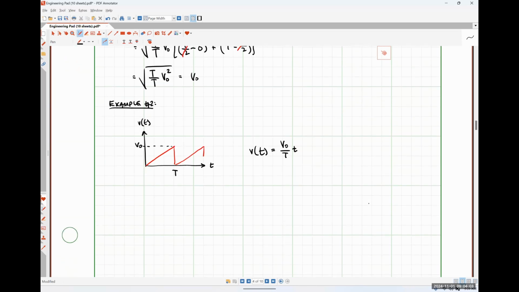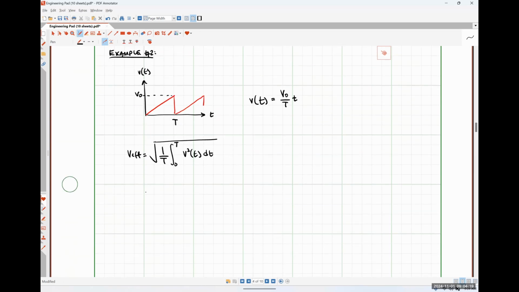So if we want the effective value of this guy, our generic equation, just to remind you all, and now I'm going to plug in stuff for our system.